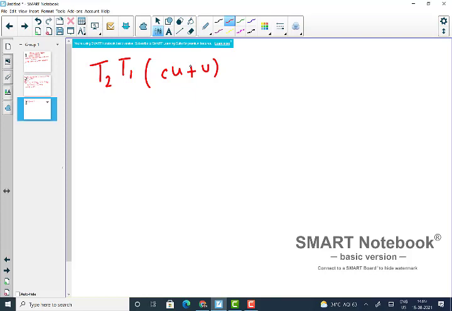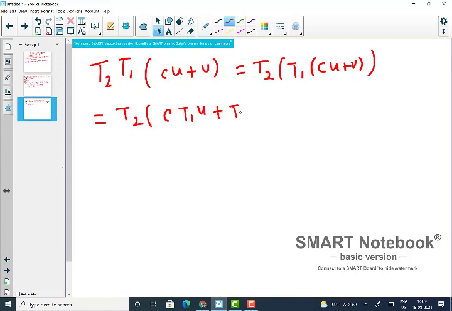Composition means T2 of T1 of cu plus v, right? Now we know that T1 is linear, so T1 satisfies the linearity property, and that tells you this will be c times T1 of u plus T1 of v.